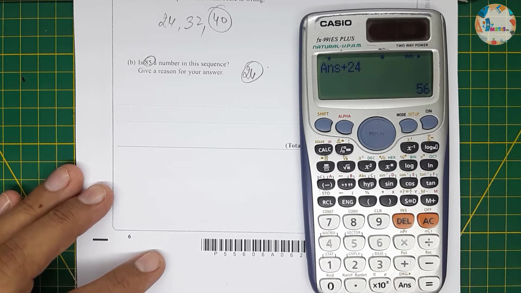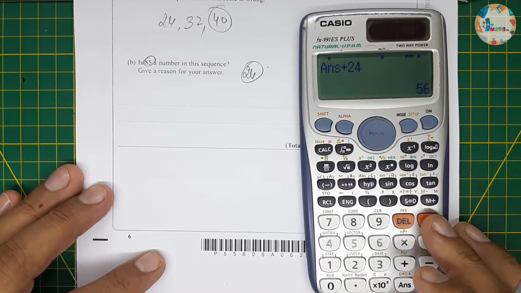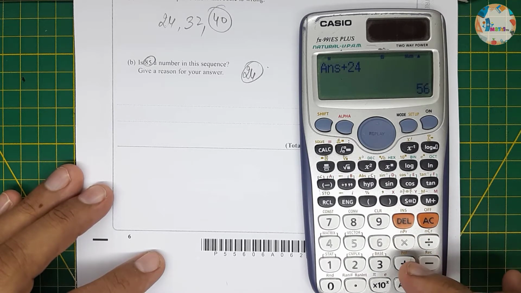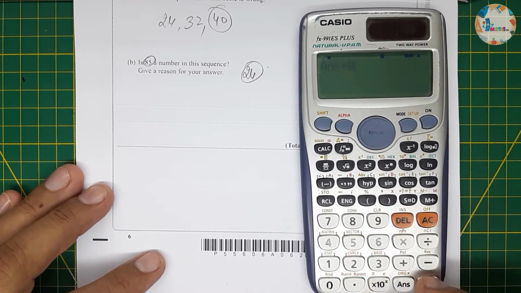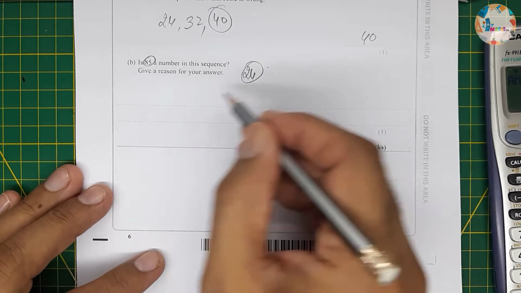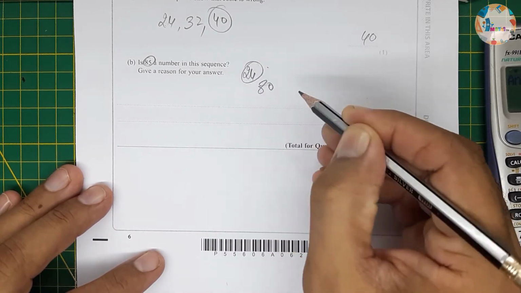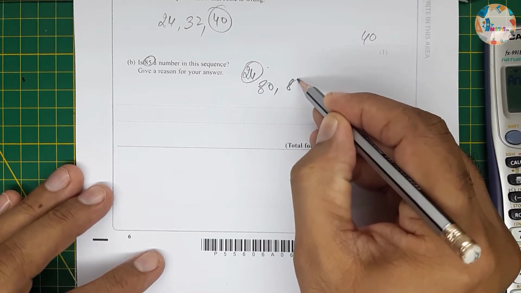So if we check, 80 is basically inside this, so plus 8 plus 8 plus 8 if we are doing, this will be 80. So 80 is there in this sequence, and the next number will be 88.